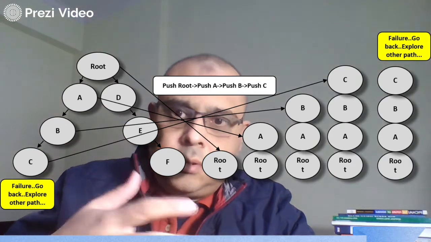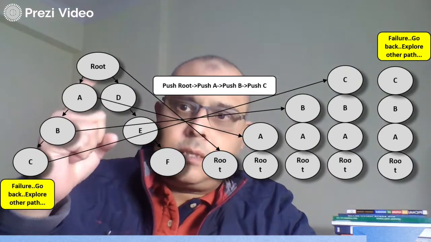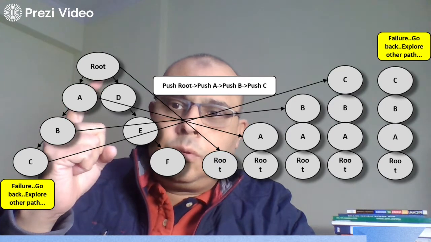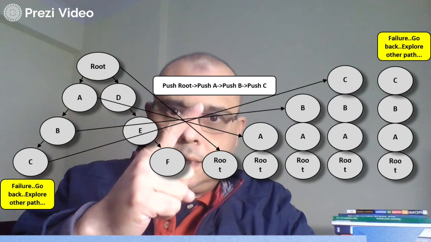Now how is it going to use a stack in this game? First of all, the address of this root node or this initial state is pushed inside the stack.